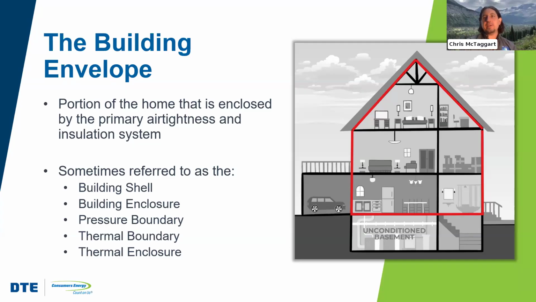So in the diagram that we have on the right, this home has a living space on the first floor, the second floor, and the third floor, and it has an unconditioned basement. So we have our pressure boundary or our thermal boundary or our thermal enclosure or our building enclosure or our building shell. They all mean the same thing.